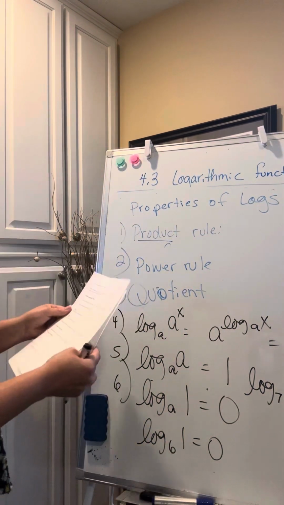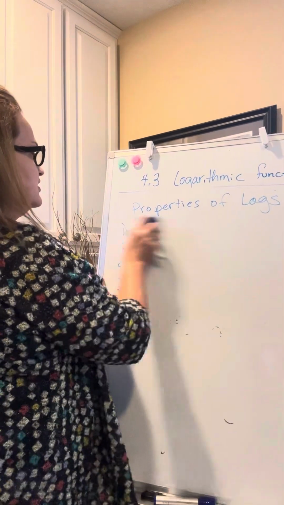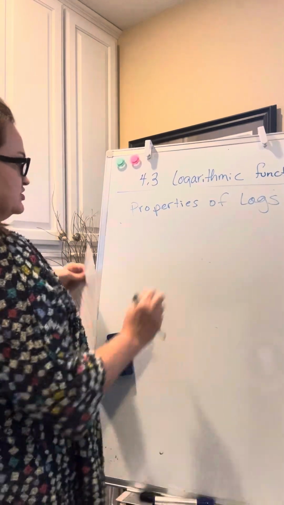And then I think lastly, rule number 7, we used this one in an earlier video, is the change of base theorem.